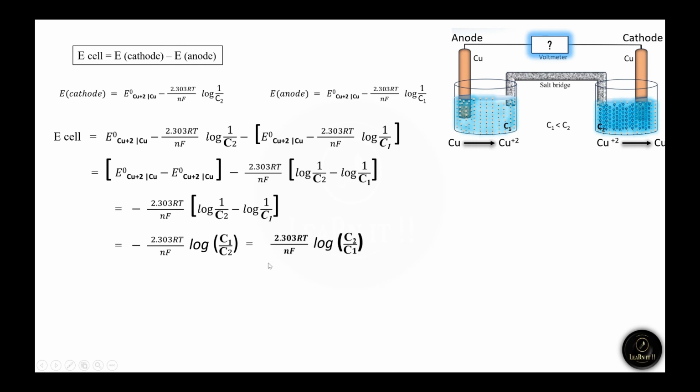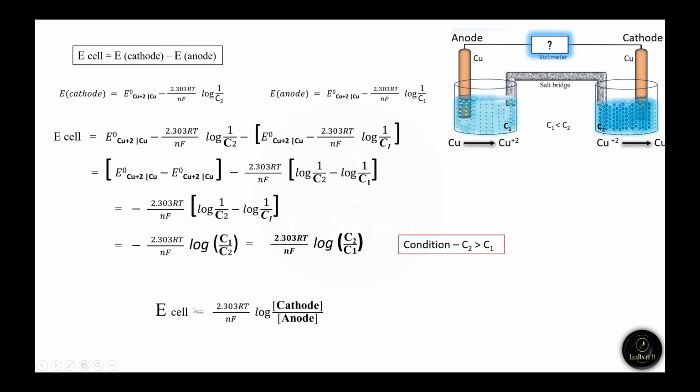And at the end we get 2.303 RT divided by NF log of C2 divided by C1. The condition must be known that here C2 indicates the higher concentration and C1 indicates the lower concentration. So C2 must be greater than C1.